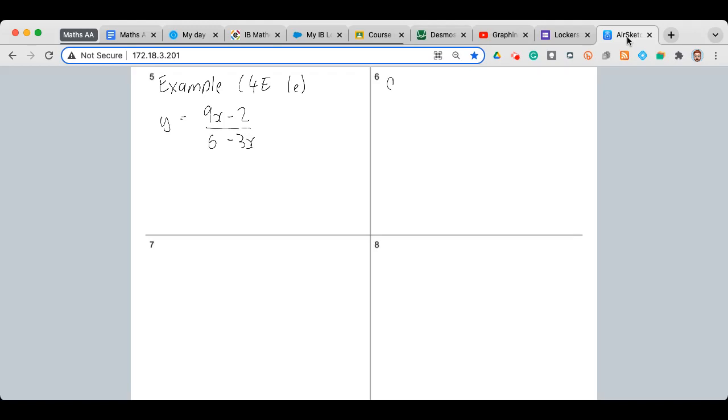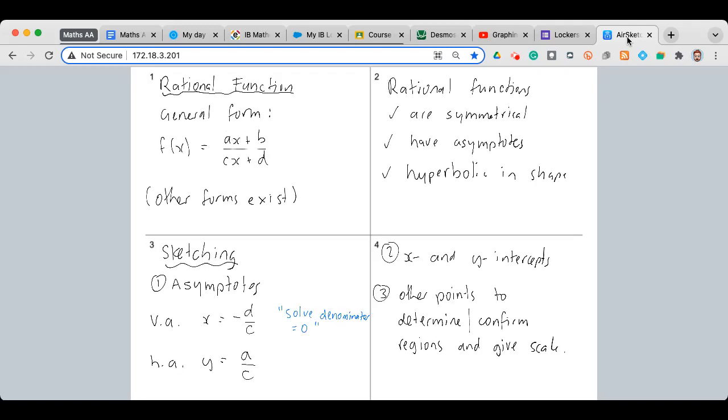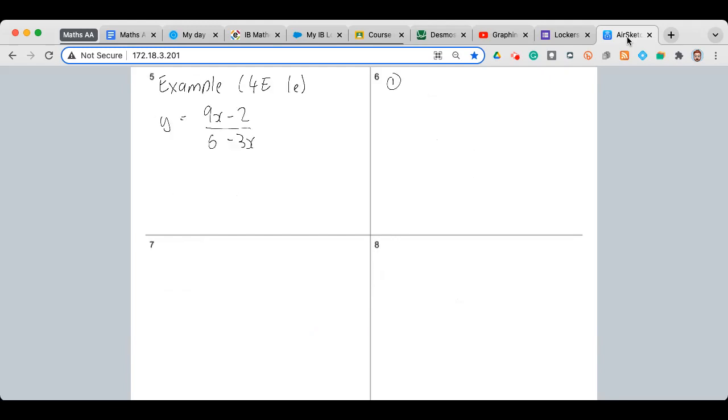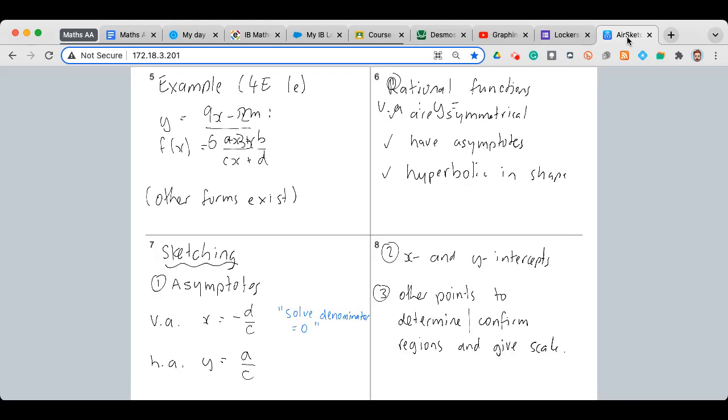Did I start with vertical or horizontal before? Vertical. We'll do the vertical asymptote first. So we've got x equals negative d on c, as you can see.